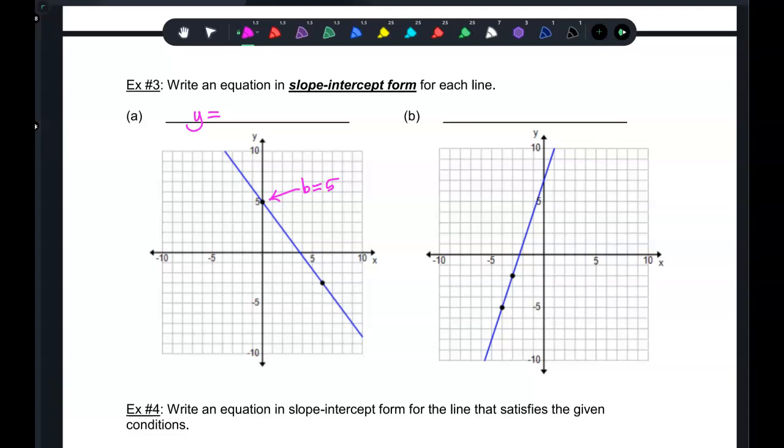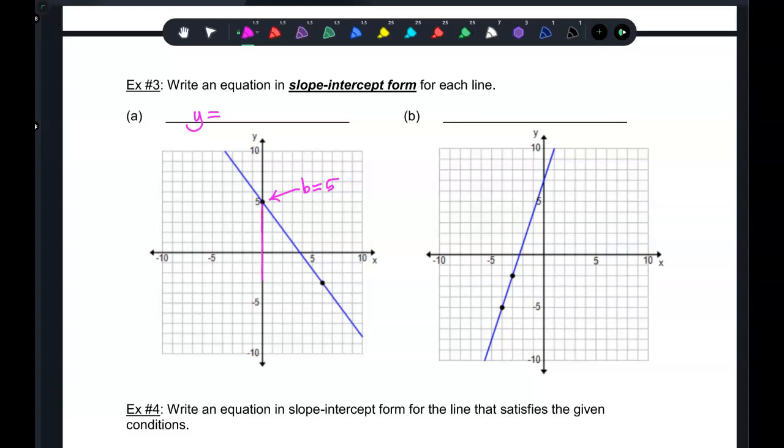Okay, but the value of b is just 5. Right? Now, how about the slope? Okay, this is the same thing that we did the other day. I'm going to just count the spaces. Now, I know, Erin, you were kind of going with where it goes through the grid line, if you can see it, but it's really hard to see on this graph, so that's why I put the points in.